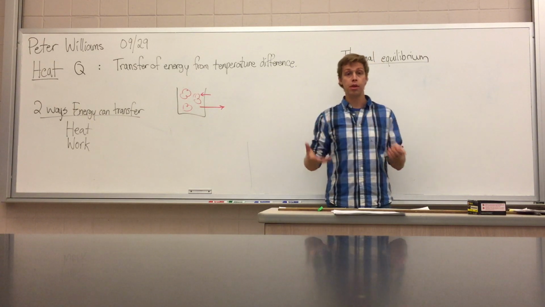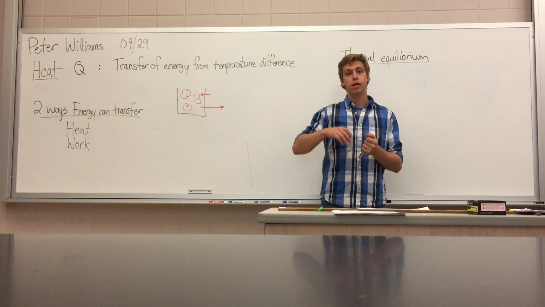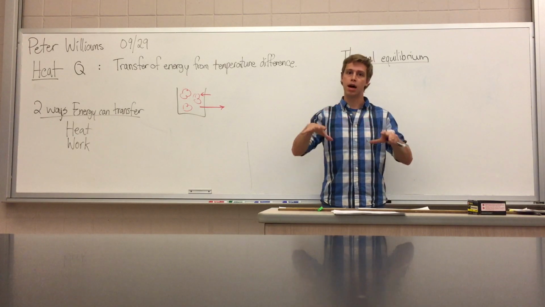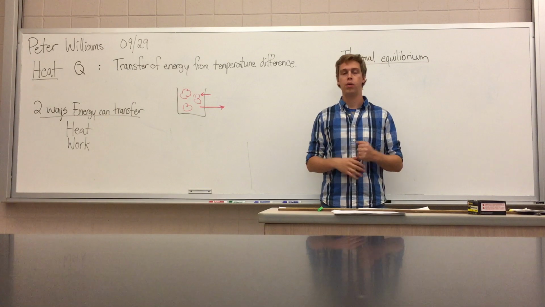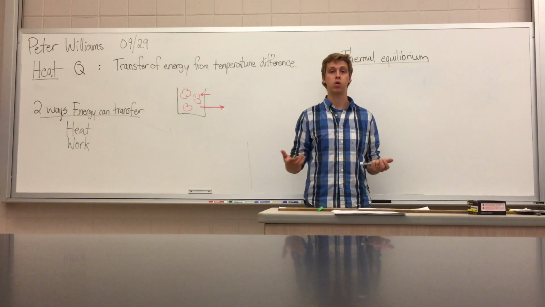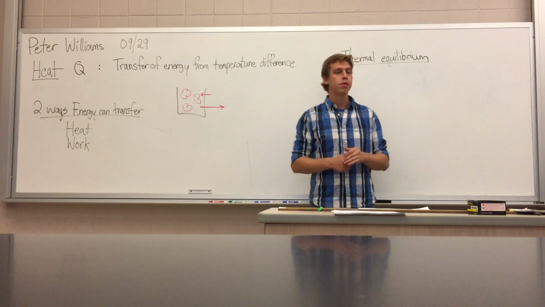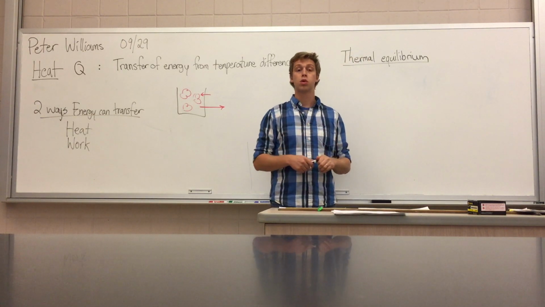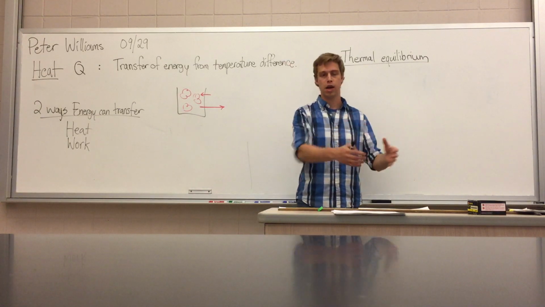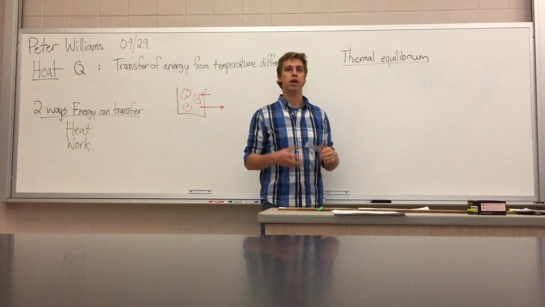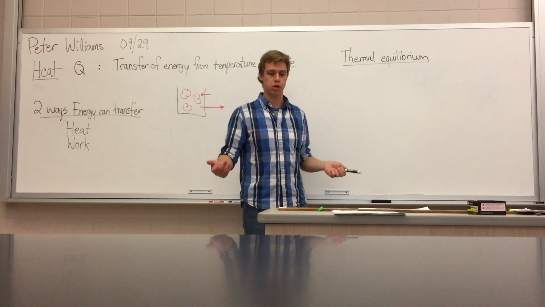And what we formally defined it as is when the state of the system has a point that lies on the PVT surface. And we talked about how if the point is above or below the surface, we are not in equilibrium. Well, this is similar to that, but it's thermal equilibrium. So we're talking about a specific type of equilibrium. And remember from our first lecture on terminology, thermal has to do with temperature.